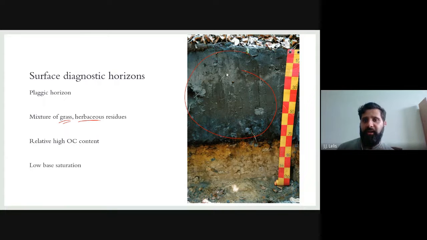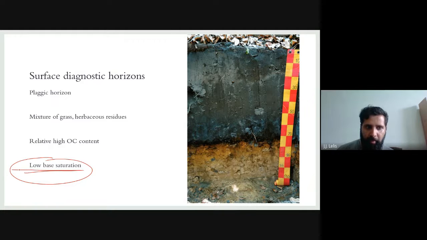In this case, it's very interesting to see that we present a low base saturation.